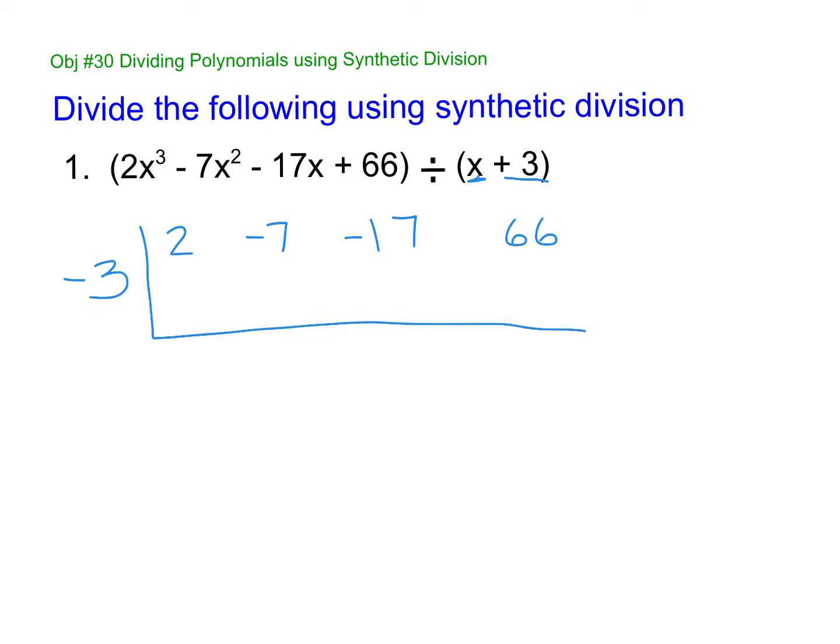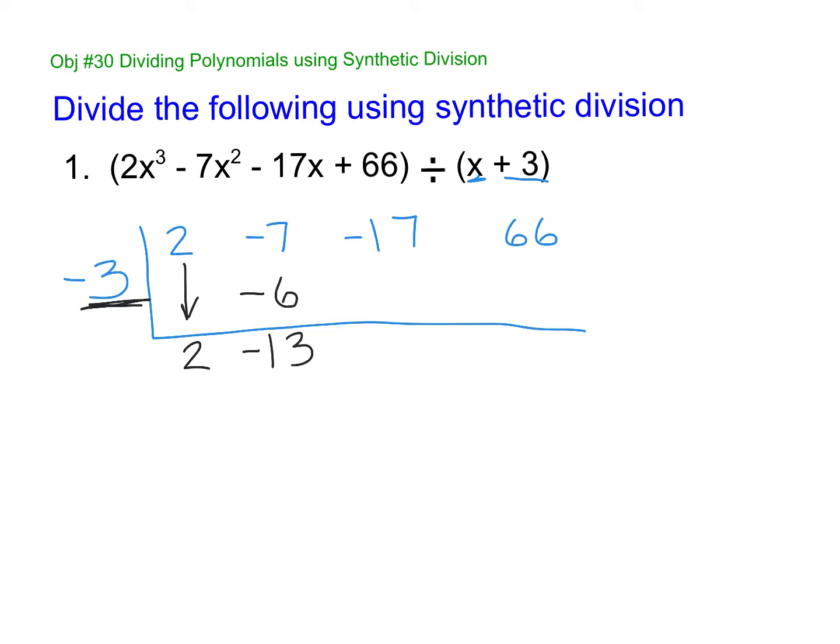So we start by bringing the 2 down, and then we're going to multiply. Negative 3 times 2 is negative 6, and I'm going to write it right there. We always multiply by the outside number. Then I'm going to combine down. Multiply.